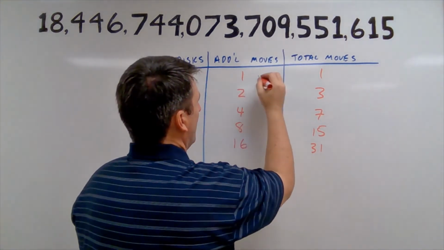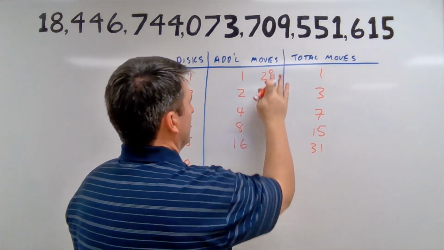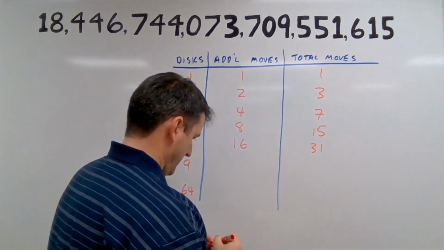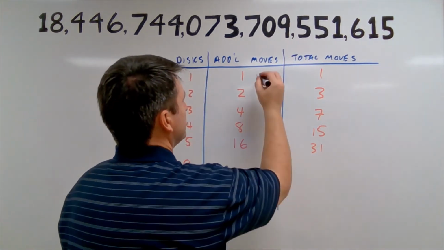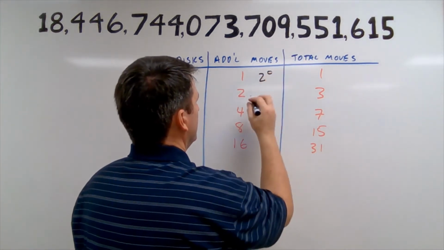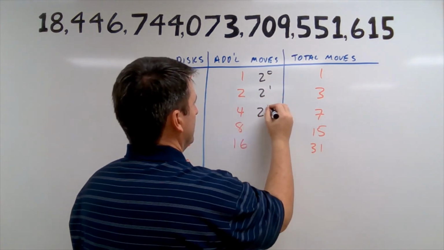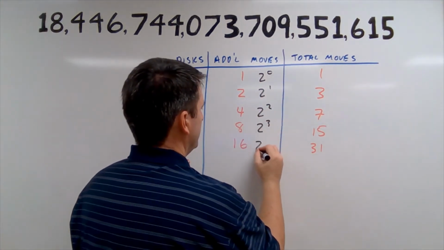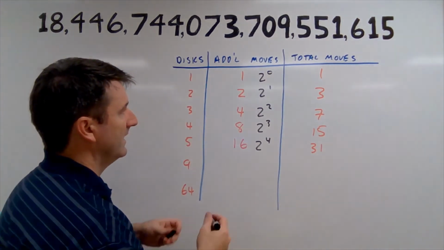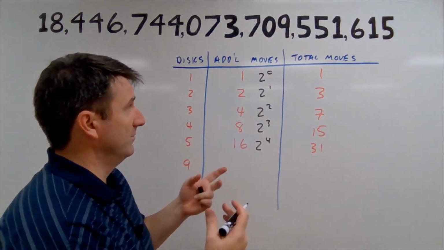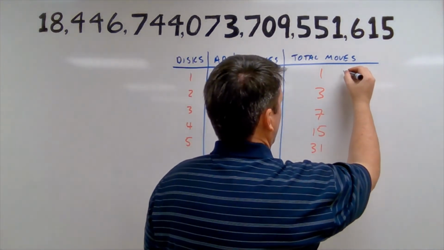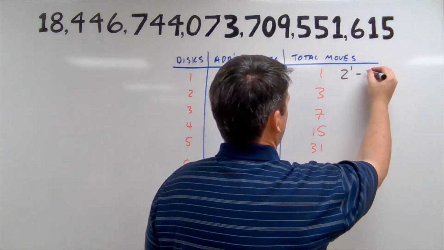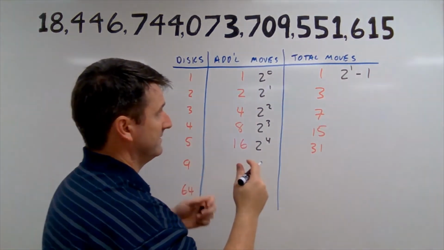So 1 is 2 to the 0. 2 is 2 to the 1. 2 squared, 2 cubed, 2 to the 4th, etc. And so the total moves ends up being 2 to the 1 minus 1. That's the same as 2 to the 0.